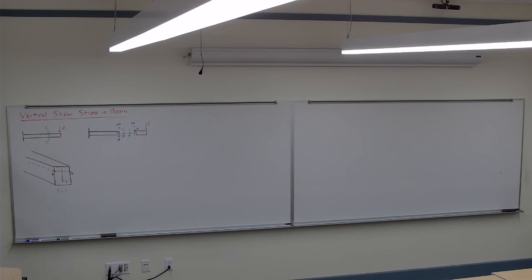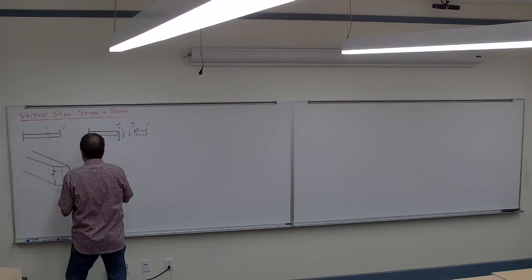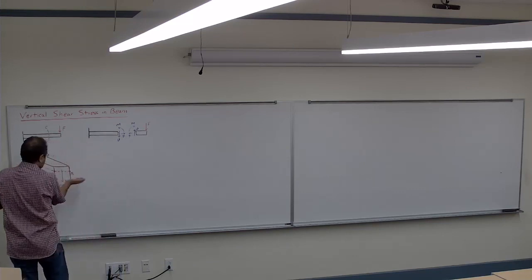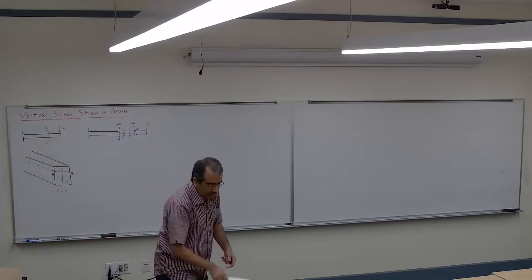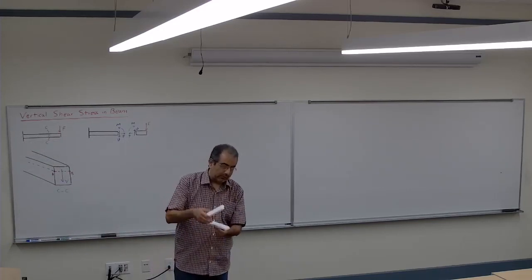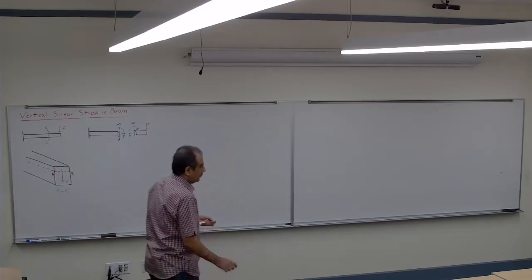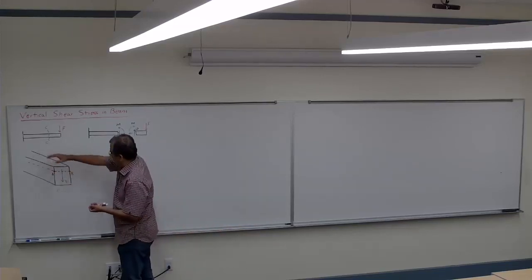Based on what I had before, I have to cut it there because this is the interface. In the horizontal direction, I'm going to have some shear forces. So I'm going to cut it at AB.